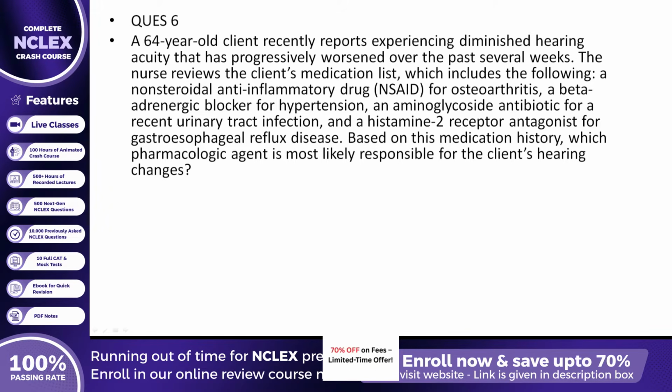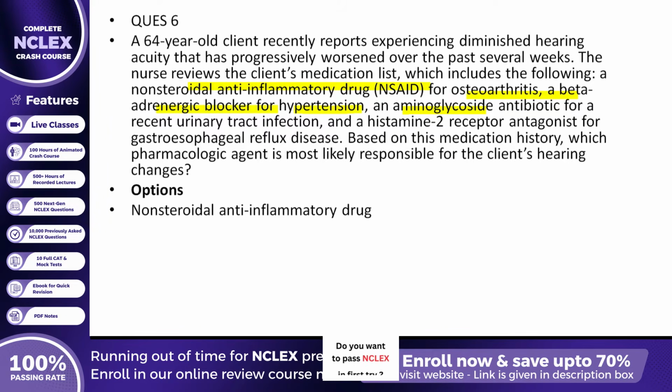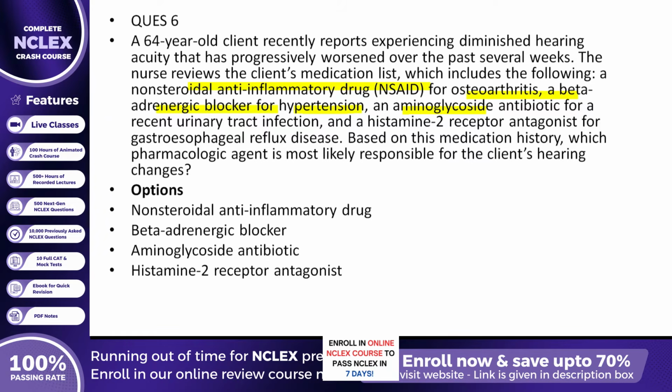The nurse carefully reviews the client's medication list, which includes a non-steroidal anti-inflammatory drug prescribed for osteoarthritis, a beta-adrenergic blocker for hypertension, an aminoglycoside antibiotic for a recent urinary tract infection, and a histamine 2 receptor antagonist for gastroesophageal reflux disease. With this context in mind, the key question is, based on this medication history, which pharmacologic agent is most likely responsible for the client's hearing changes?